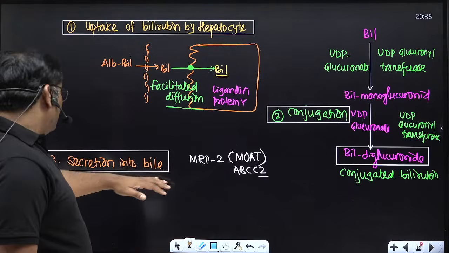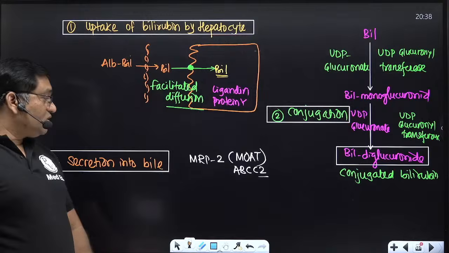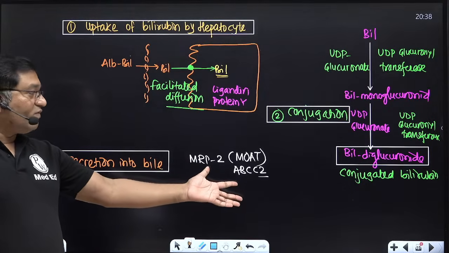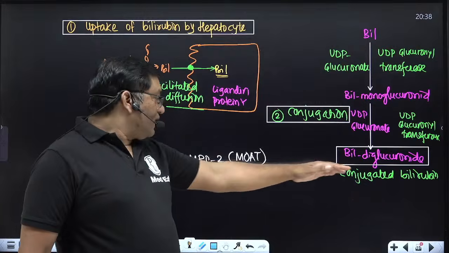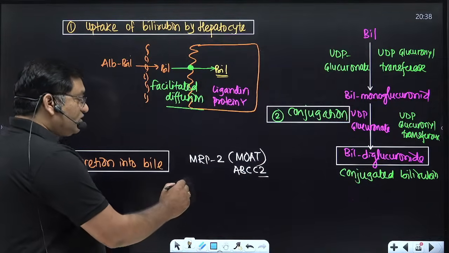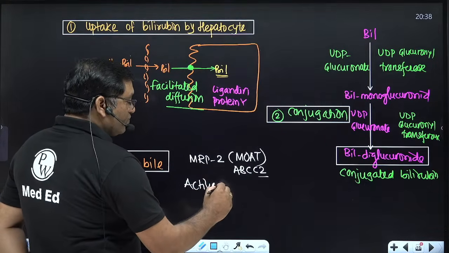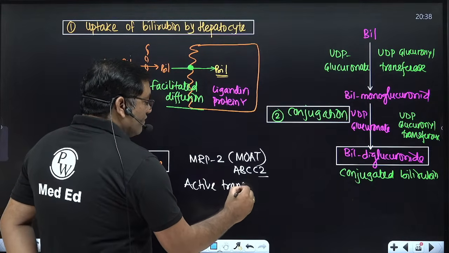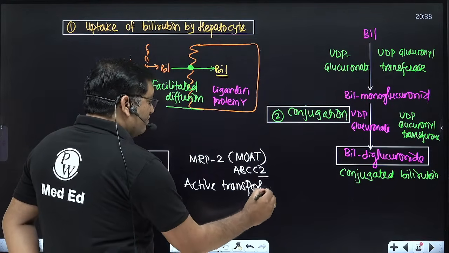So entry into the bile, secretion into bile canaliculi, is important. MRP2 is required for this. So this conjugated bilirubin from the liver enters the bile via an active process. This is active secretion, active transport, energy required for this process, via the carrier protein MRP2.